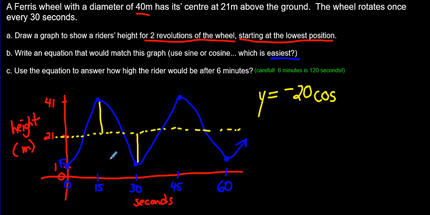Does this thing shift left or right? Does it have a horizontal shift if we're starting right here? It does not, because this is the typical place that cosine starts, either at the very bottom or the very top. If we were looking at this spot here, we'd say yes, cosine has moved to the right 15. It'd be 15 seconds.